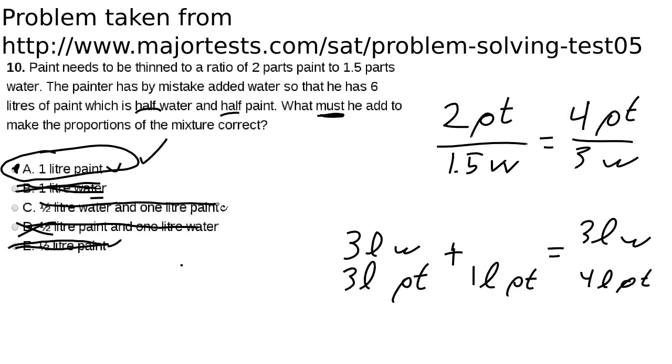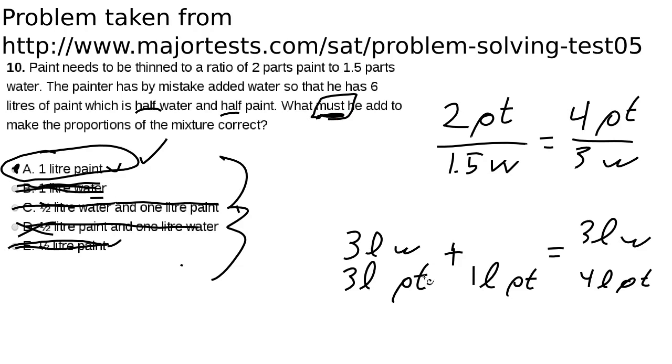So indeed, by eliminating all these other things that won't work, adding 1 liter of paint is the only one of these given multiple choice possibilities. A is the only one that's going to work. But I still don't feel comfortable about the way that the question was worded. What must he add to make the proportions of the mixture correct? Well, of the possibilities given, 1 liter of paint is the only one that will work.